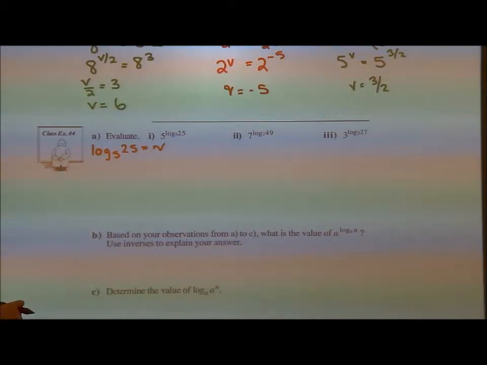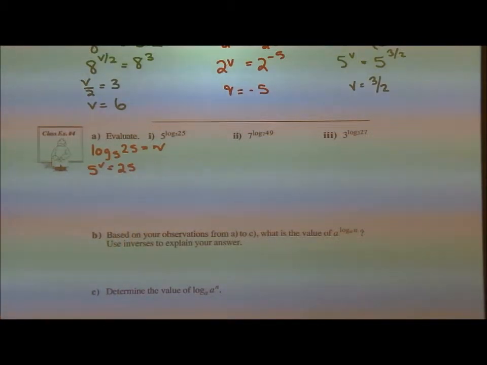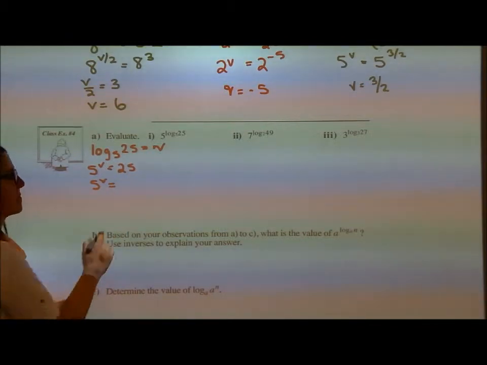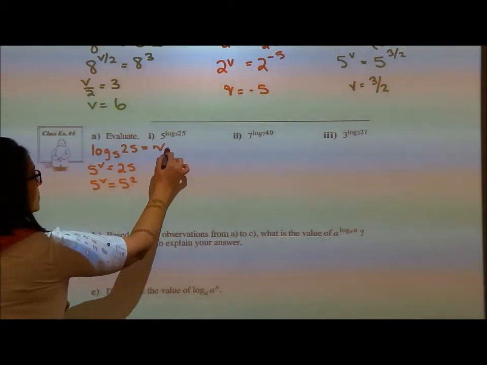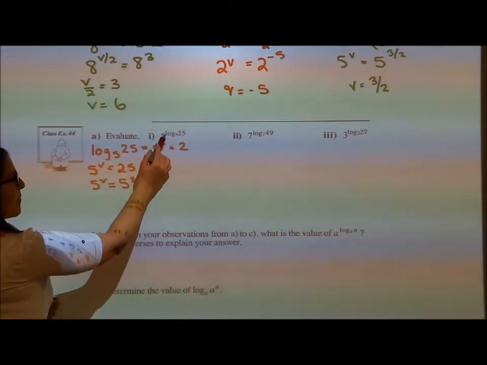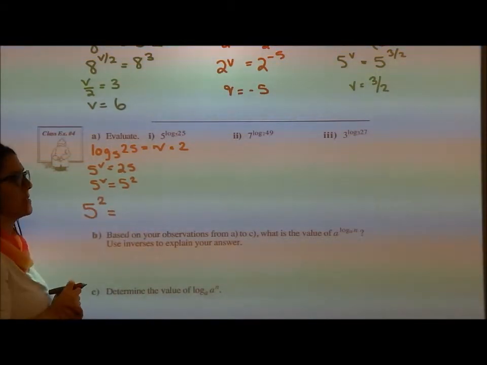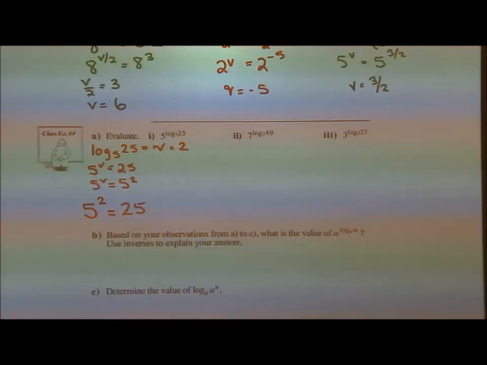If I write this as an exponent, what would I get? 5 to the power of v equals 25. And what's 25 with a common base? 5 squared. So then v would equal 2. So then instead of 5 to the power of log base 5 of 25, I now have 5 squared, which is 25. Okay? So I want you to do the same thing with 2 and 3.